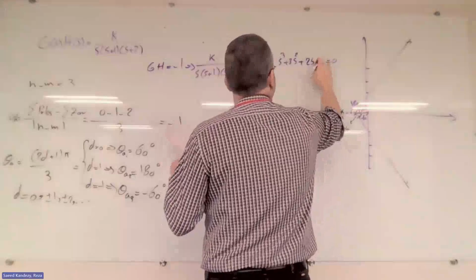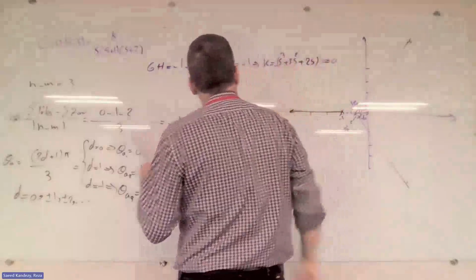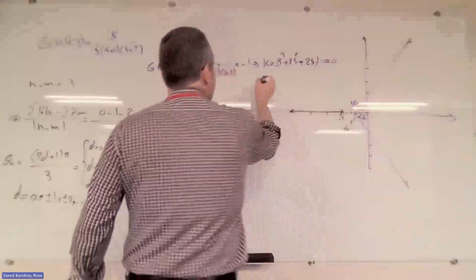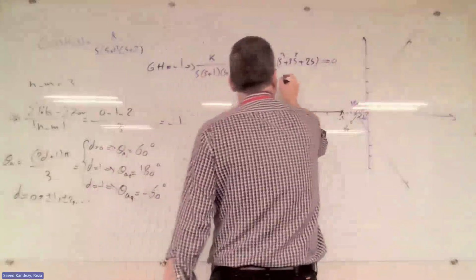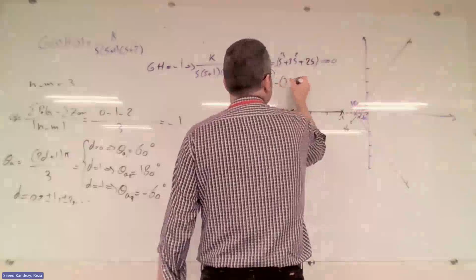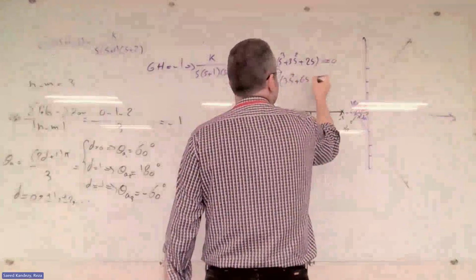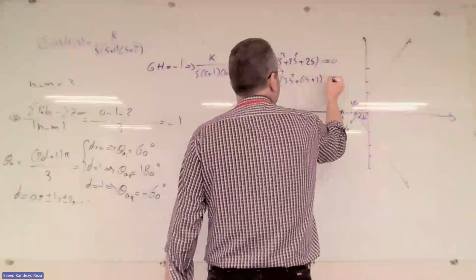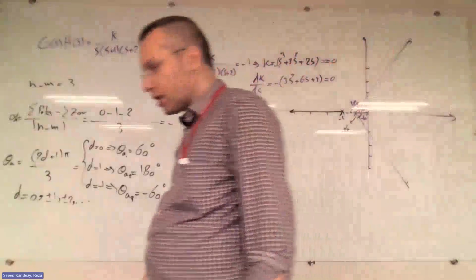This k is already over there, so it's equal to 0, and this is a minus sign in front of it. So my dk over ds is going to be minus 3s squared plus 6s plus 2, and this should be 0 for a max and min kind of calculation.